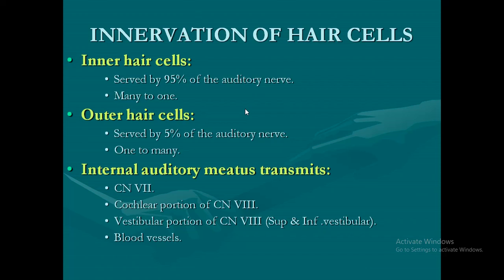The next thing that can be asked in the viva question is the structures that are present in the internal auditory meatus. I've just penned these down here because questions are very commonly asked about the structures that traverse the internal auditory meatus. So you should know that the internal auditory meatus is actually a chamber that is divided into 4 quadrants.